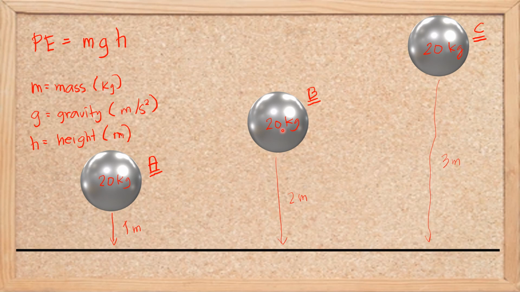So the only difference is their height, because ball C is put at a height of 3 meters, right? Compared to your ball B and ball A. So again, the question is, which ball has more potential energy? So the correct answer is letter C.